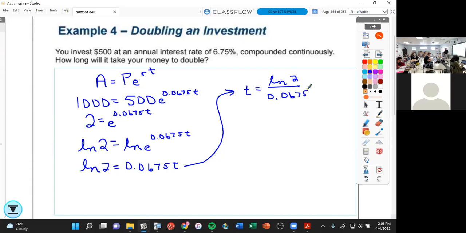That would be the exact answer. And if I asked you how many years is it going to take to do something, if you tell me the answer is natural log of 2 divided by 0.0675, I'm going to say, what does that even mean? You type that in your calculator and you get t is about 10.3.